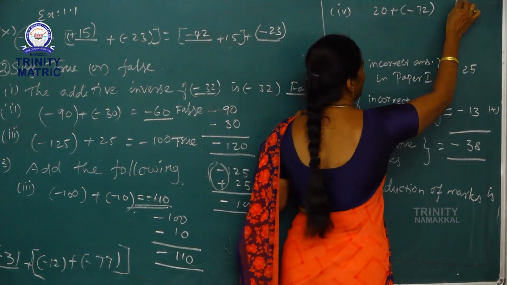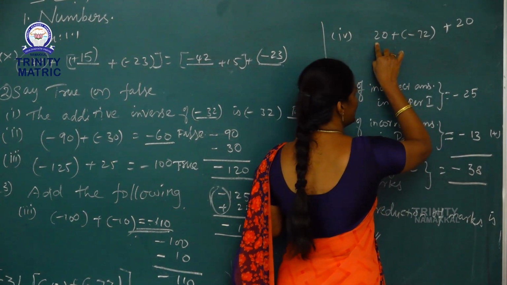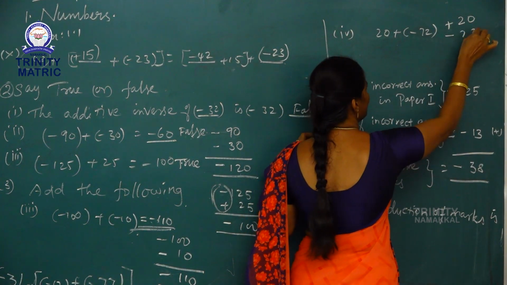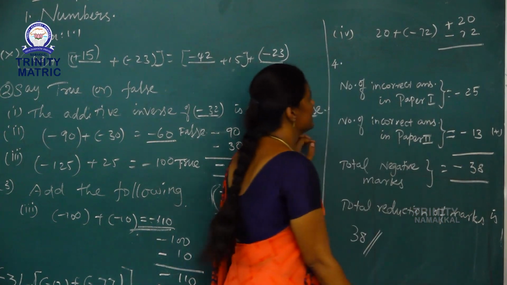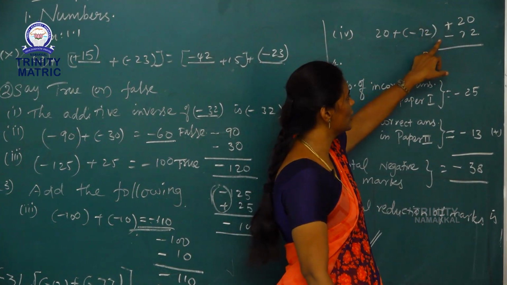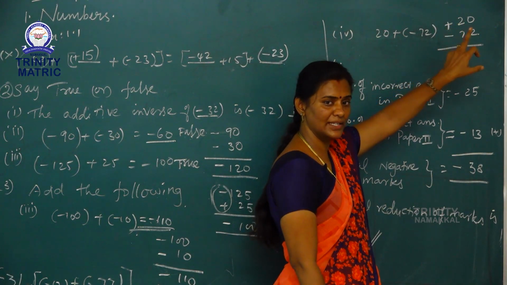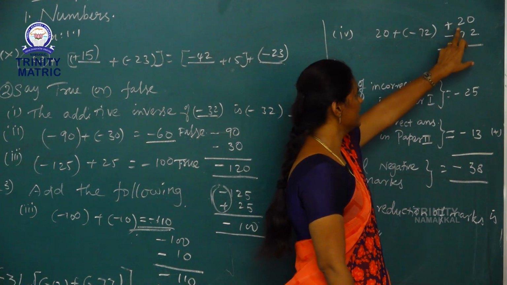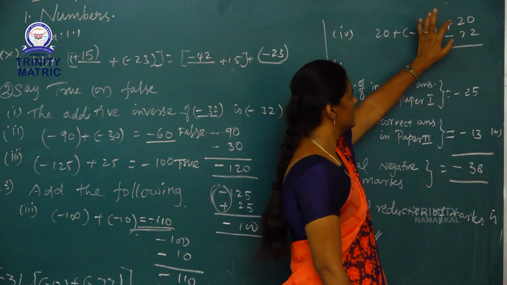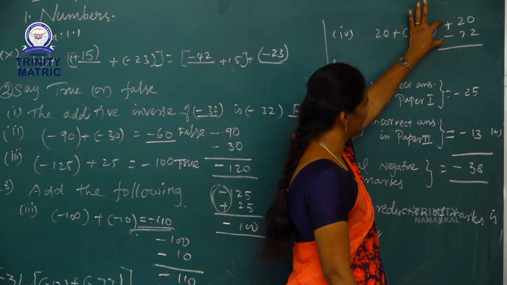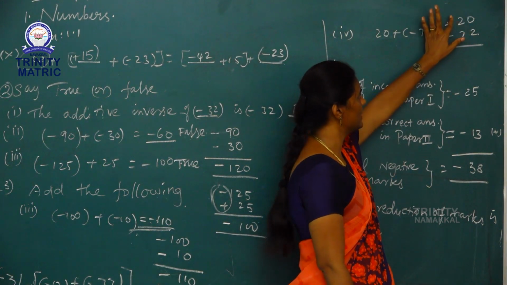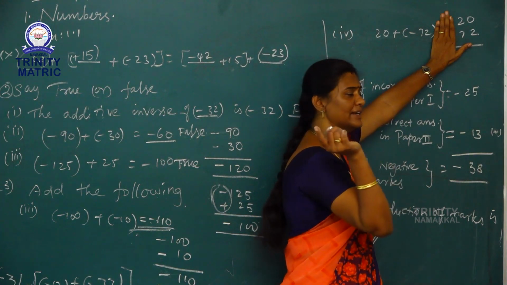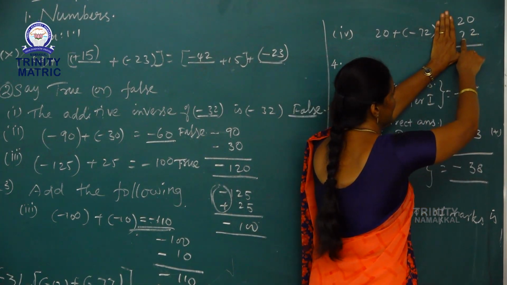Next, see the fourth sum. See here, plus 20. 20 is positive integer. So we write plus 20 minus 72. Listen, see carefully. Here the signs are different. So we subtract the integers. Here plus 20 and minus 72 is given. The two signs are different. So we find the difference between these two integers. Now you just leave the sign. Now which is the greater number? 72 is the greater number.